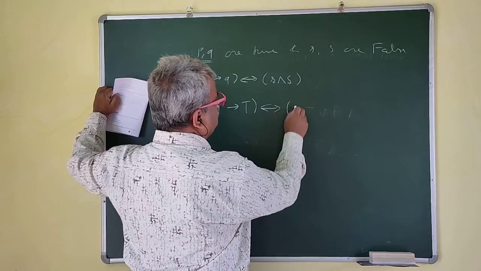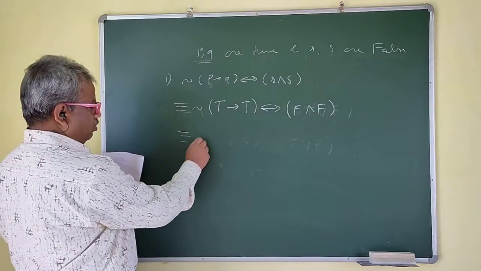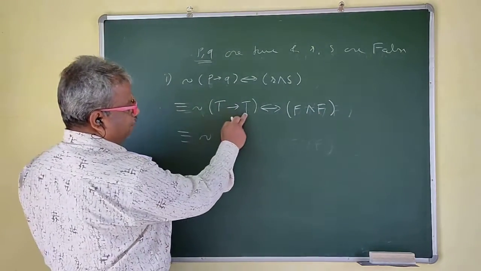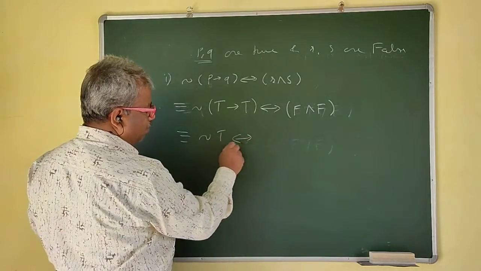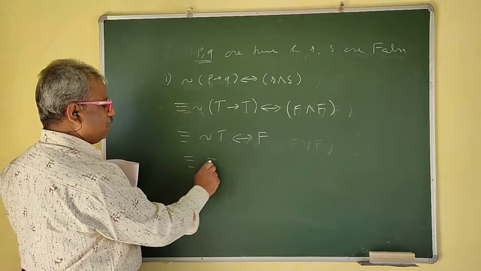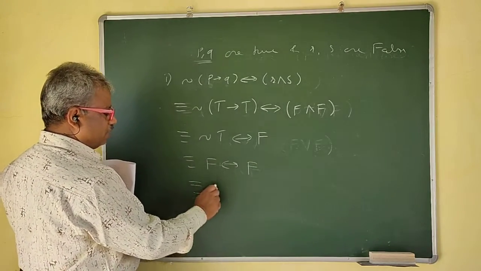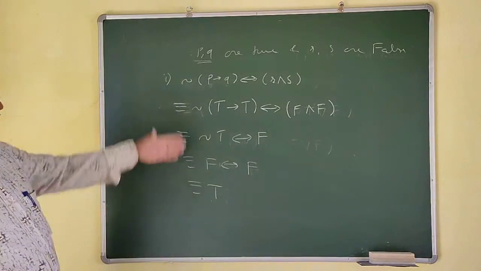The truth value of R is F and F. This is equivalent to negation of T implies T, if and only if F and F. Negation of T is F. If and only if F. If and only if T. Just write in this way.